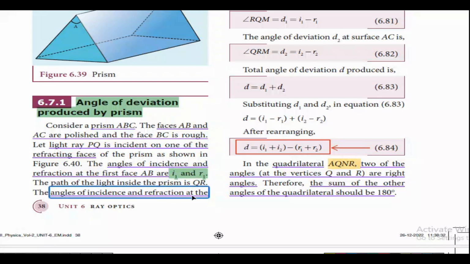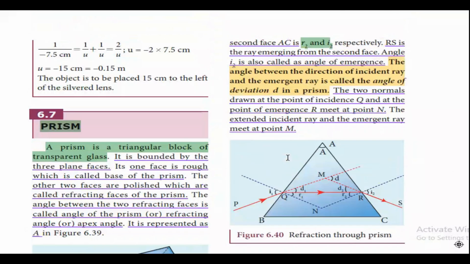The angles of incidence and refraction at the second face AC are given by R2 and I2, so that is represented here. RS is the ray which emerges from the second face. So this is the emergent ray, and the angle I2 is also called the angle of emergence.